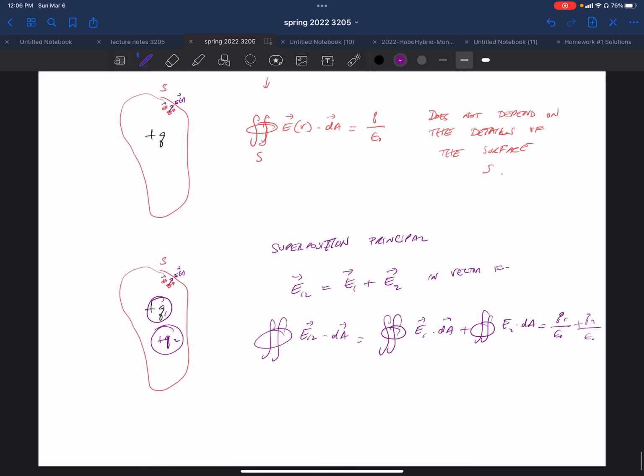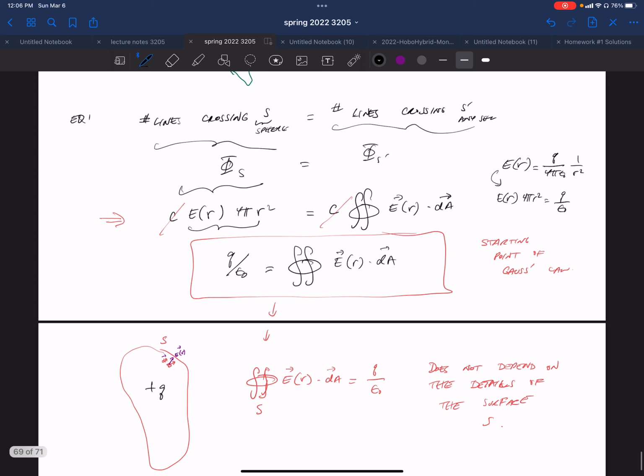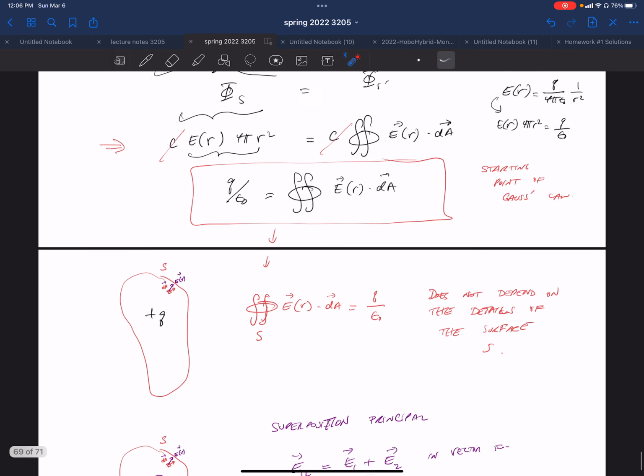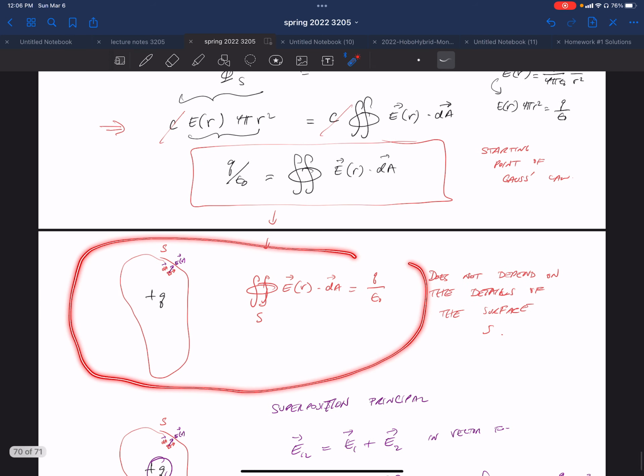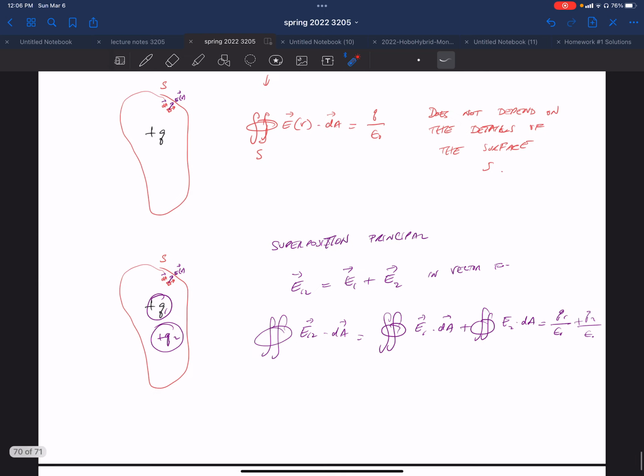Okay, and then once you have two charges, you can generalize this to many charges. So let's say you have a bunch of charges. I'm going from any surface surrounding a charge and extending this to many charges.